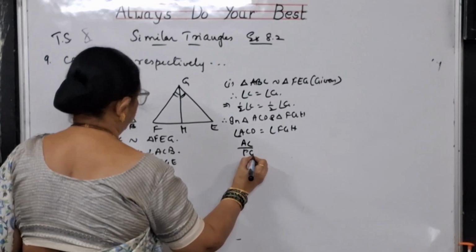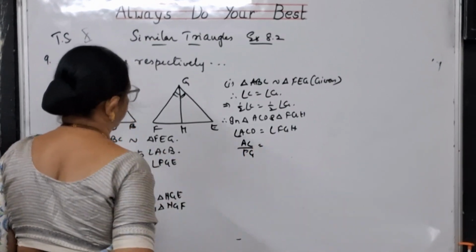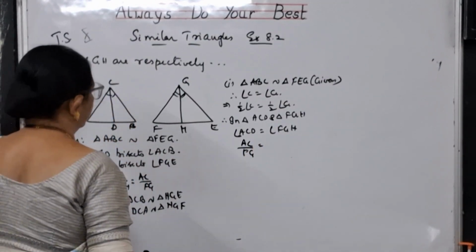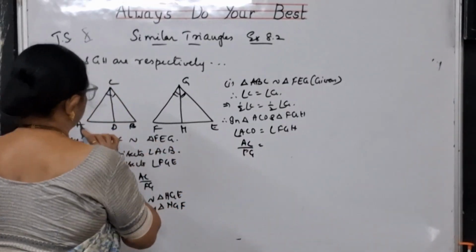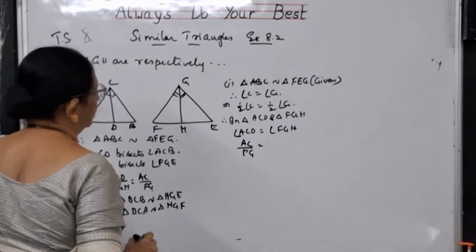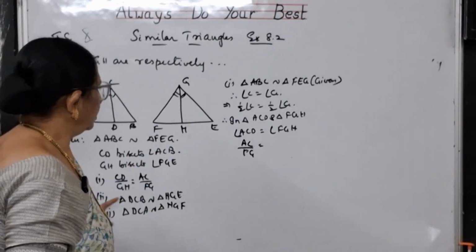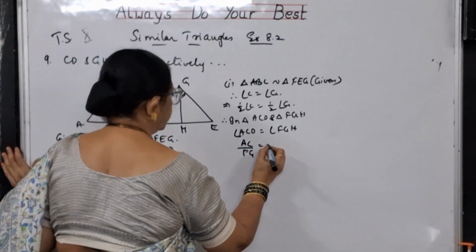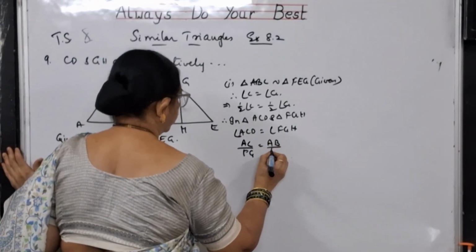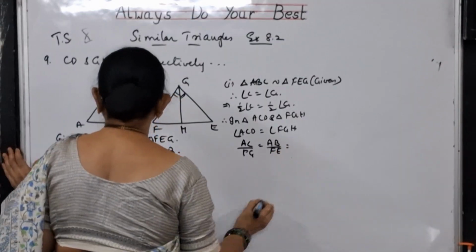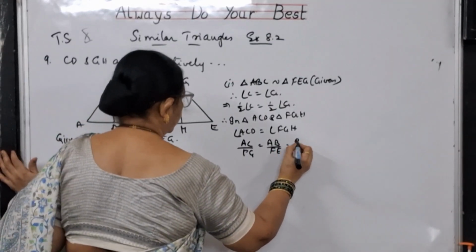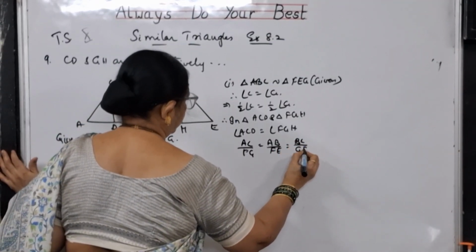AC by FG is equal to what can I say? AB by FE we will be taking. AB by FE, that is equal to BC by GE.